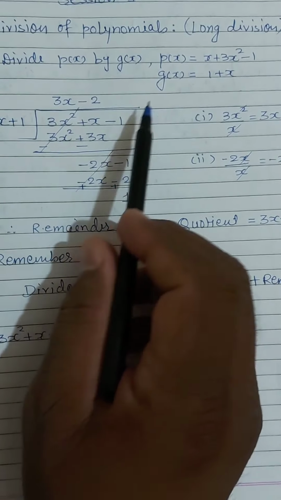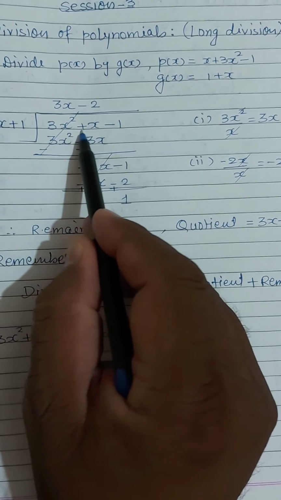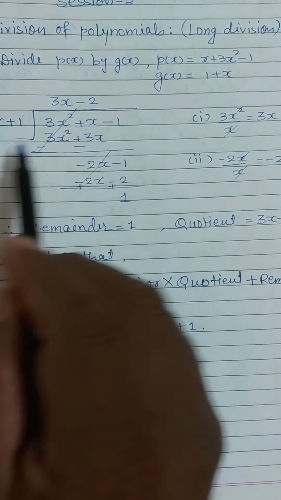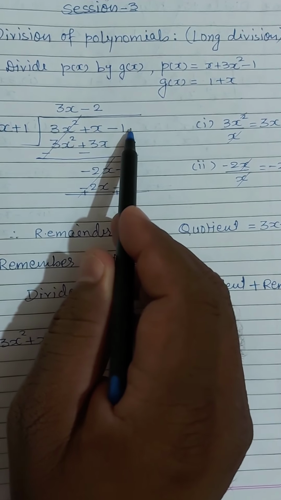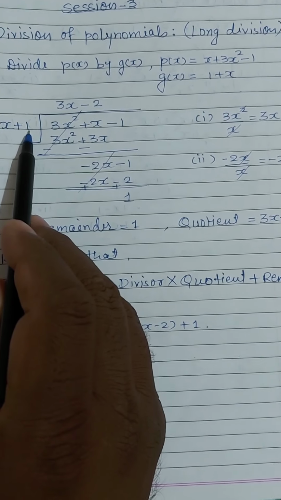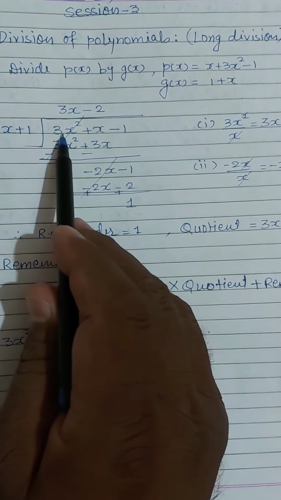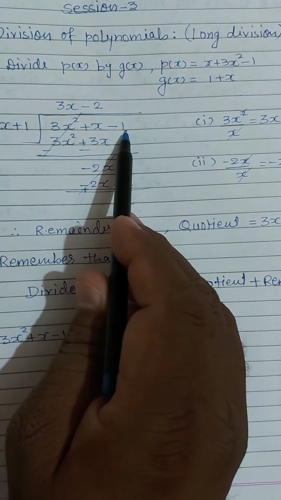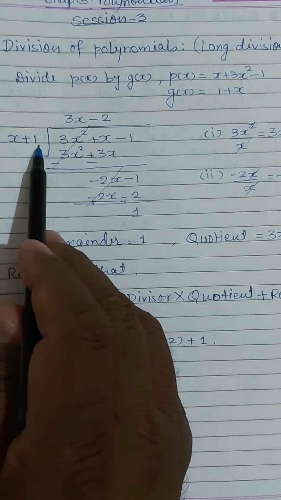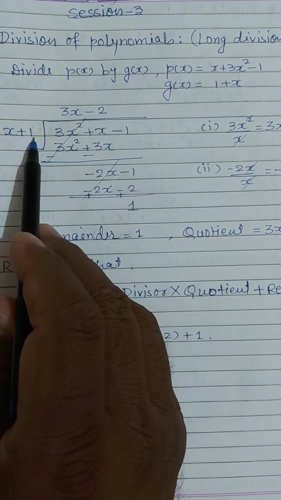So we are writing the polynomials in decreasing degrees of the terms. So 3x square plus x minus 1, as well as this 1 plus x, is written here as x plus 1. One important thing: 3x square plus x minus 1 is said to be the dividend polynomial, while x plus 1 is said to be the divisor polynomial.